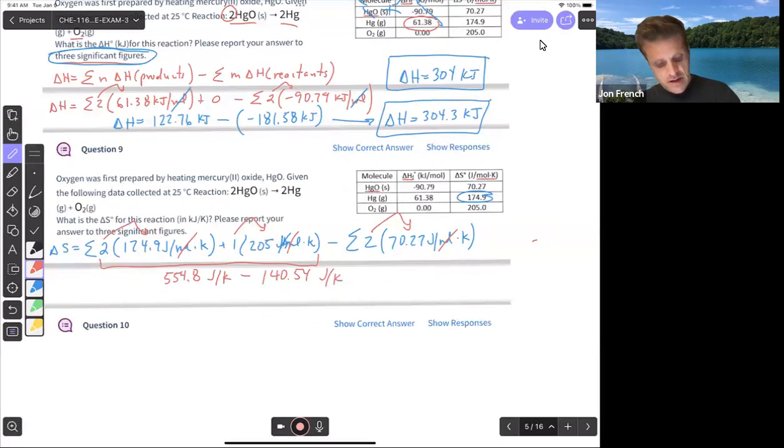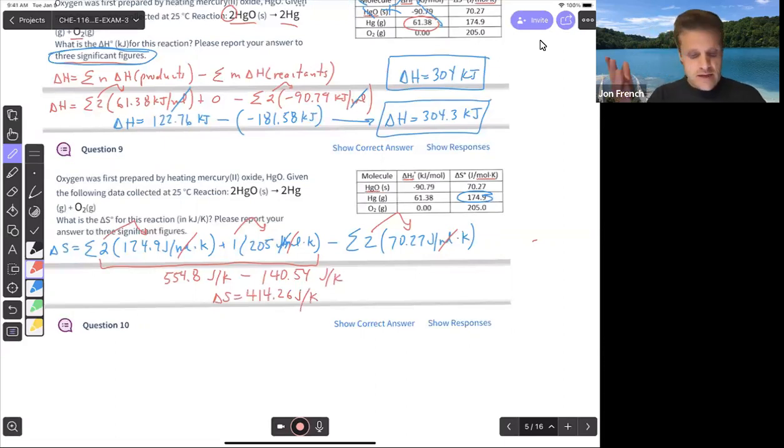All right, I subtract and I get a delta S of 414.26 joules per Kelvin. Now we can jump into question 10 because I needed the answer from question 8 and the question 9 to answer question 10, right? We need both of those.